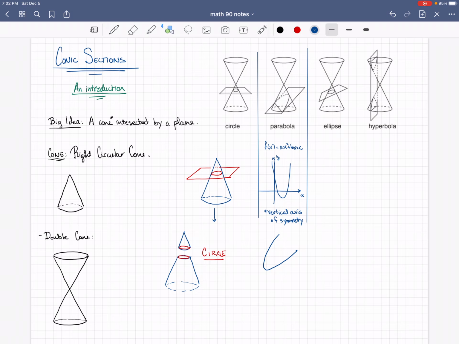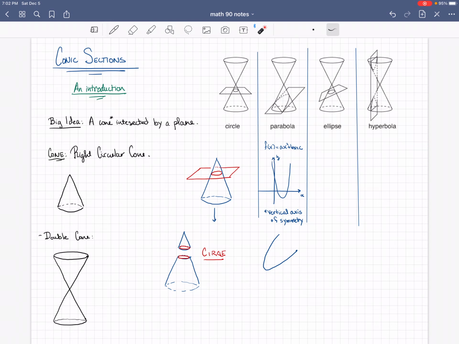Okay, moving on. So the next example of a conic section is an ellipse. So an ellipse and a parabola sort of come about in very similar ways, but you actually allow the plane that's going at a slant to go all the way through the cone. So you see that once again you're cutting your cone with a slanted plane, but this time it goes all the way through.